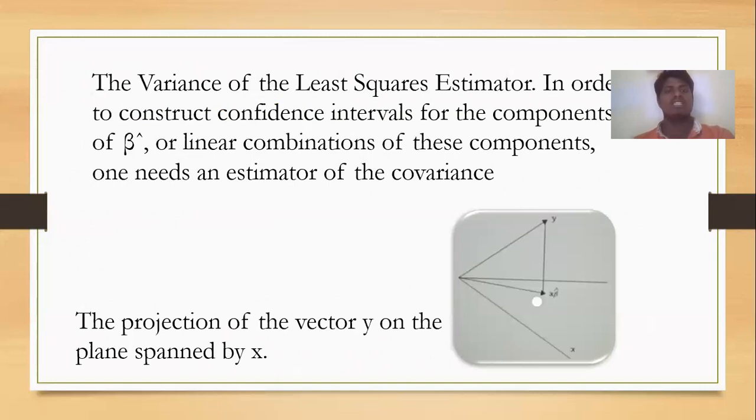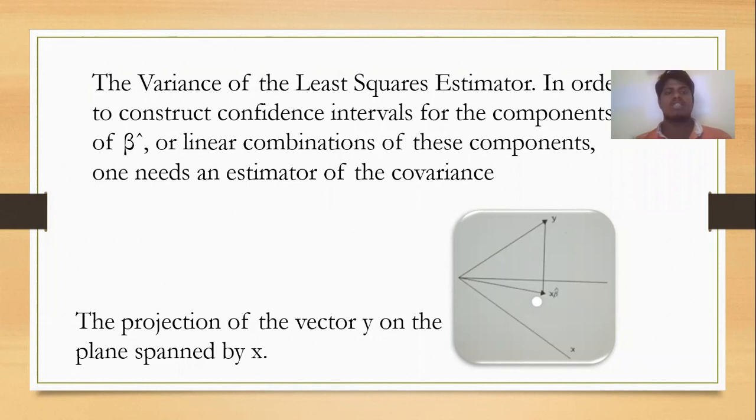The variance of the least squares estimator is needed in order to construct the confidence intervals for the components of beta or linear combinations of these components.